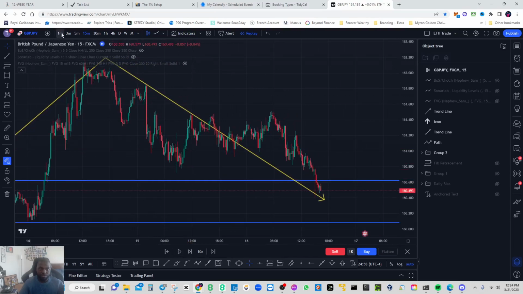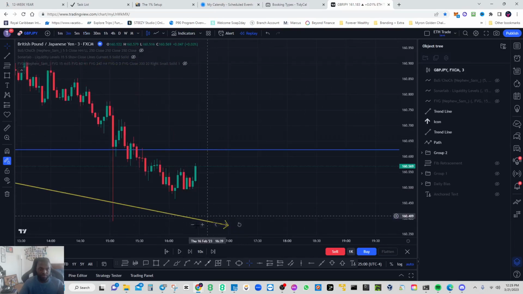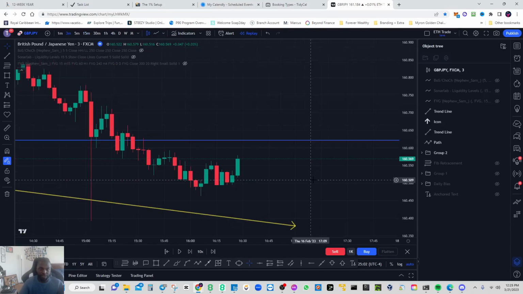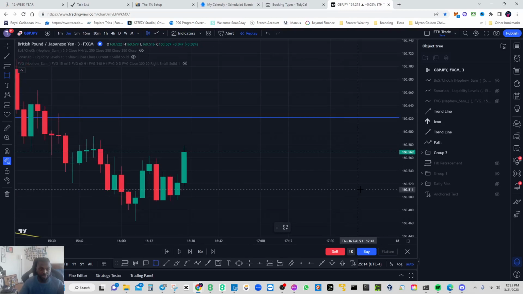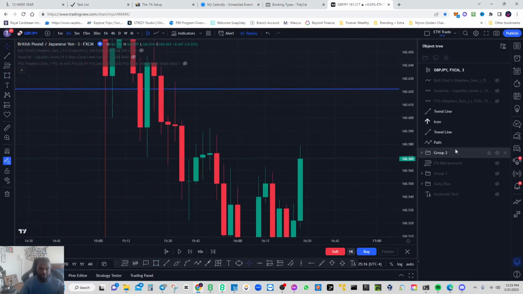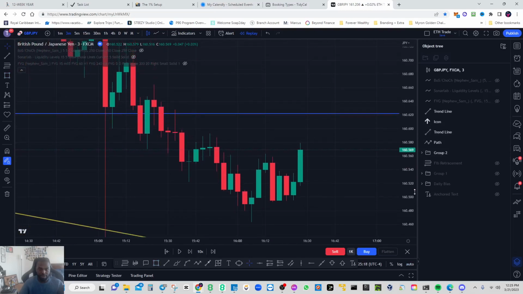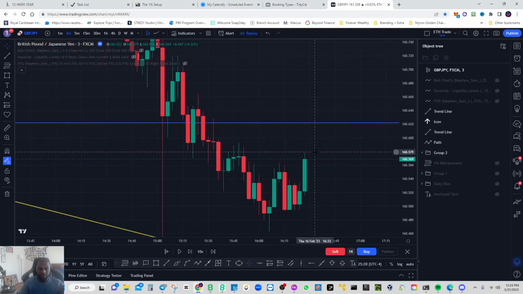Now once it's there, you're on the 3-minute. You want to look for your intermediate high. If you're looking to buy, you want to look for an intermediate high that's going to be broken. As we see, I'm looking for a fair value gap.